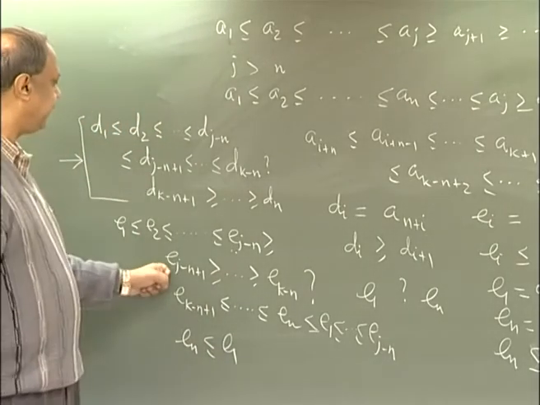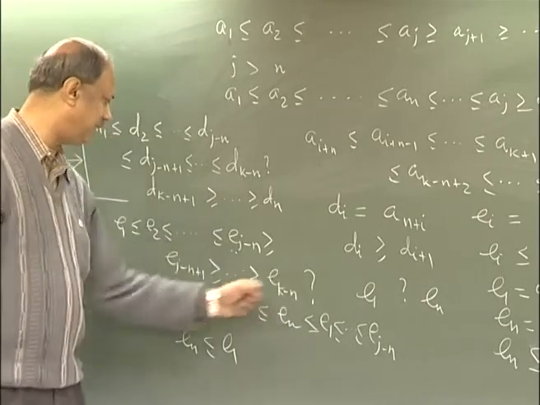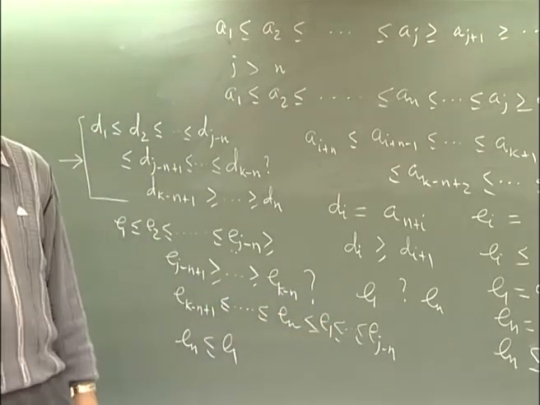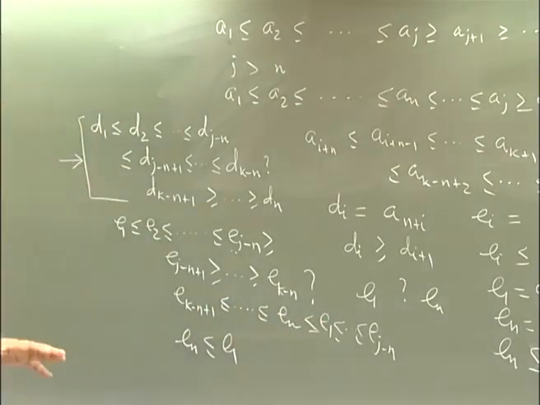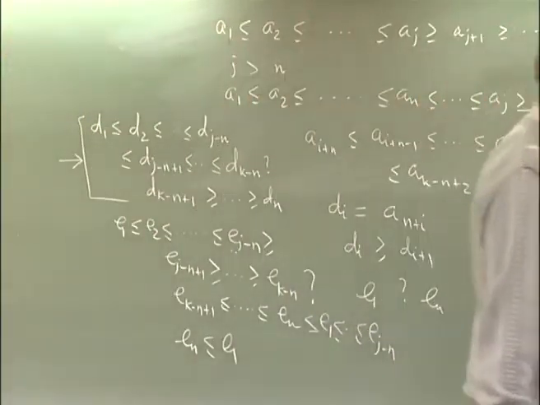Then I can get Ej minus n plus 1 greater than Ek minus n, whatever the relationship between this, again less than or equal to this, so it becomes a bitonic sequence. So the first part is that D and E, they are bitonic sequences, that is true.